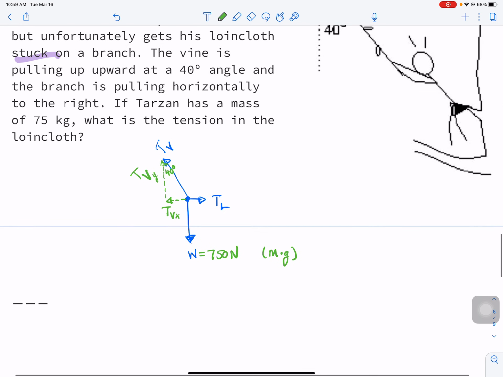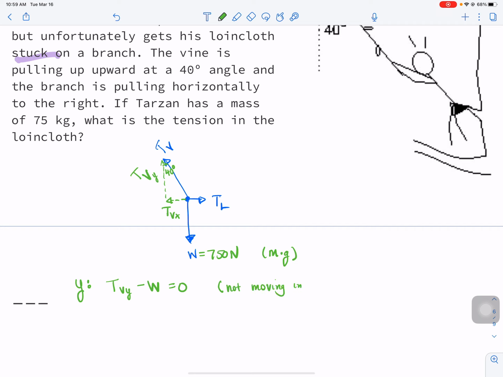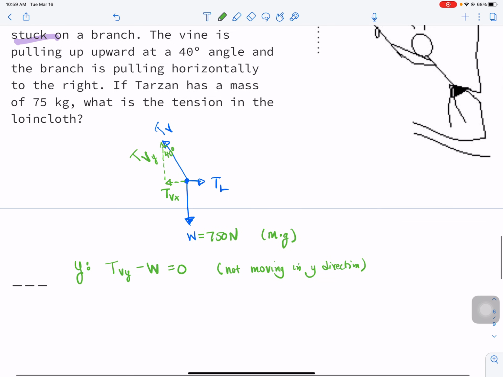And so I can look at the forces in the y direction. And I know that there is tension in the y direction minus weight. And this is equal to 0 because, again, he's stuck, not moving in y direction. And so this tells me the tension in the vine in the y direction is equal to the weight, and that is 750 newtons.